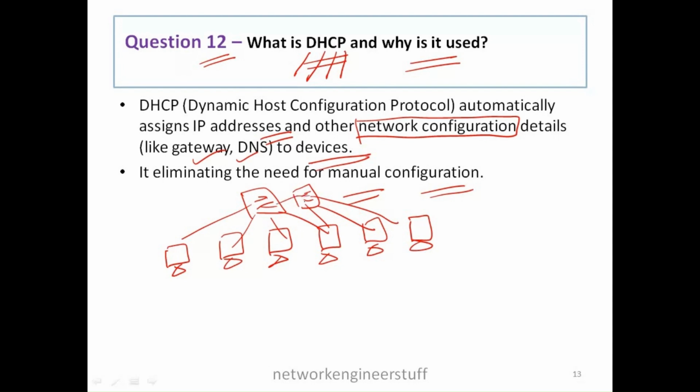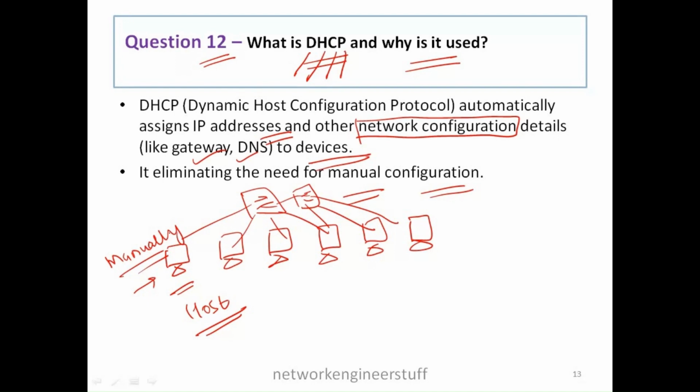Now, if you wanted to assign IP addresses to these PCs or hosts, we have to go on each PC and assign the IP address manually. We have to assign the IP address, the subnet mask, the gateway, the DNS IP, and everything. Okay, so this is work which requires a lot of effort, and it is a waste of time.